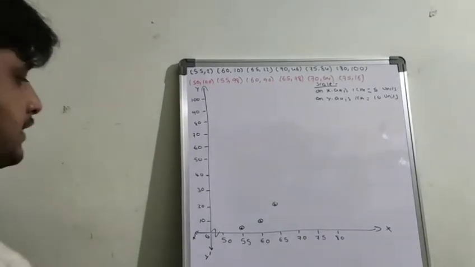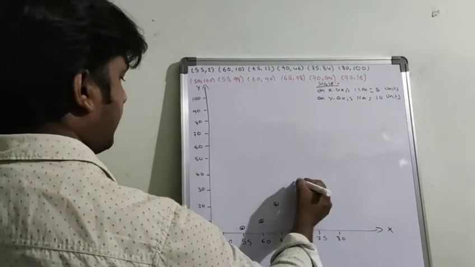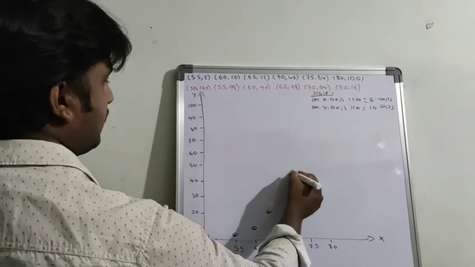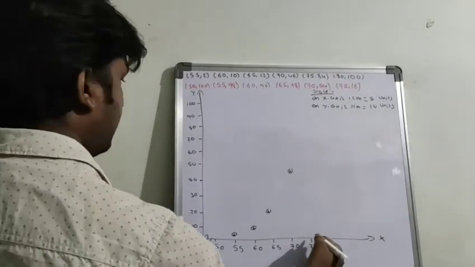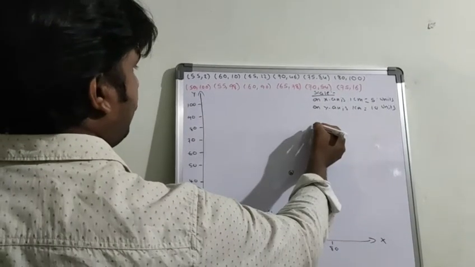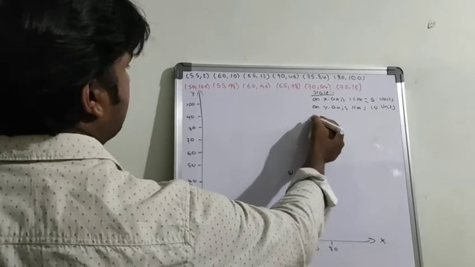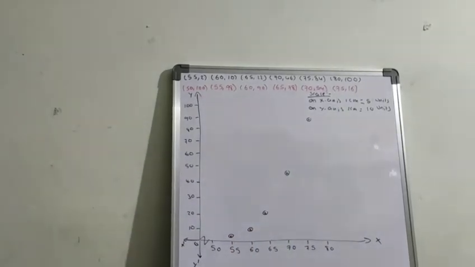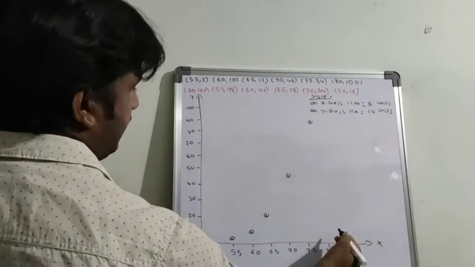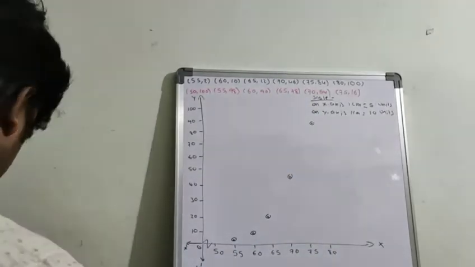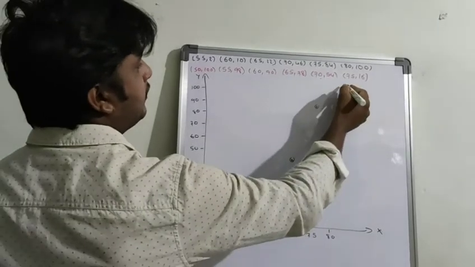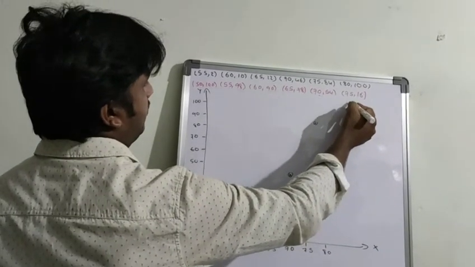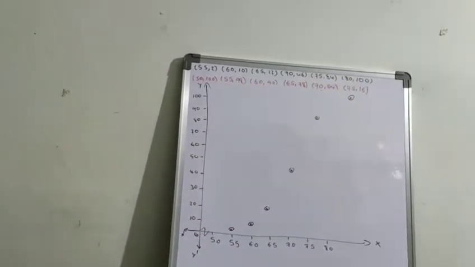Next 70 and 46. 70 here, after 40, 6 small lines. 75 and 84. 75 here, after 80, 4 small lines. And 80 and 100. 80 here and 100. So 80 comma 100. This is 80 comma 100.